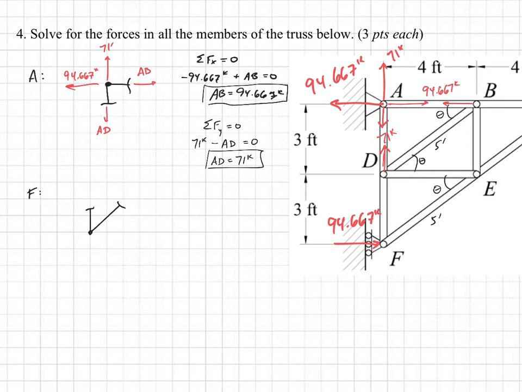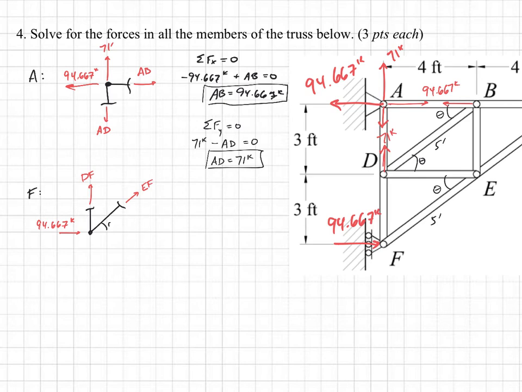Let's draw the forces in red. I'm going to assume that this is in tension, and this is DF, and this is going to be EF. And then I've got this force coming in this way, which is 94.667 kips.